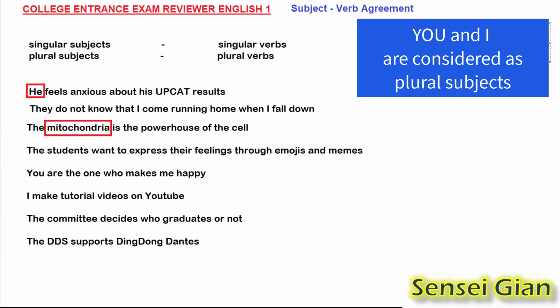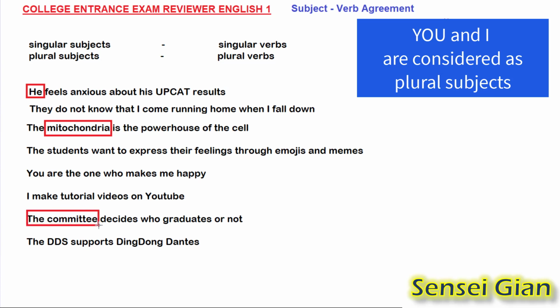This is the most important thing that you should remember. You and I, we are counted as plural, though I is a subject that only counts as one. That's an exemption. So let me exclude you. You is not a singular subject, though it only counts as one. It's plural, because grammar rules.